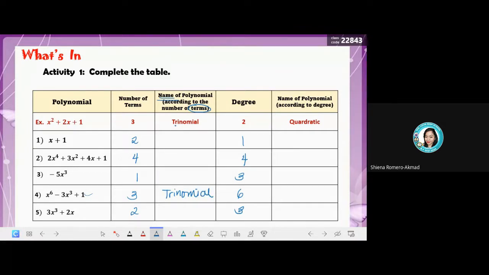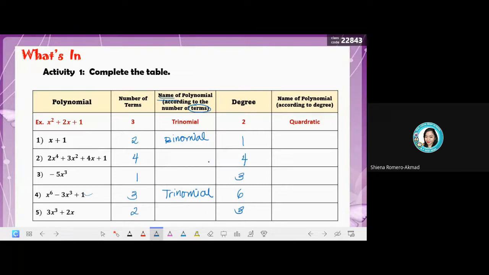Pag dalawang terms, ang tawag natin is binomial. Ano naman kapag 4? Paano pag isa? Anong tawag natin sa polynomial na yon?